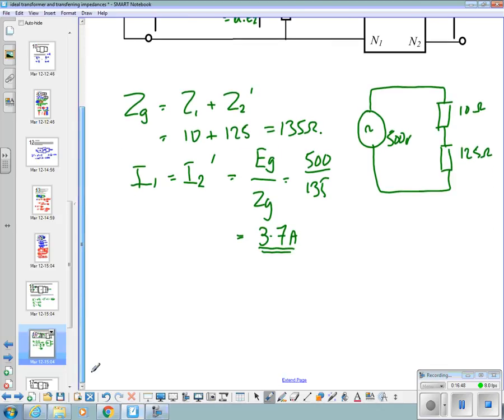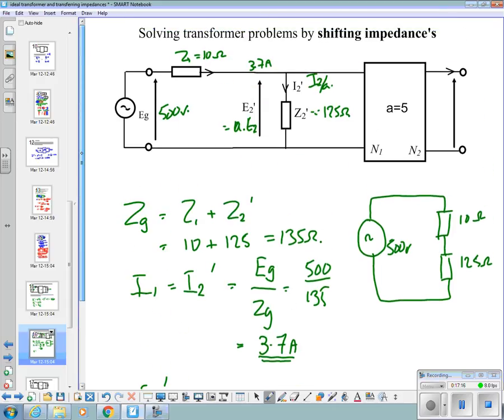Yep. So we're on primary side only, so we can calculate E2 dash from, we don't know E2 yet. That's what we're trying to find out, Luke. Do we know E1? EG. Yeah.